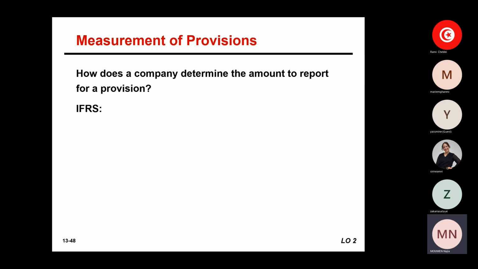So these are examples of different types of provisions and how we should report them, in particular when the three conditions are met.